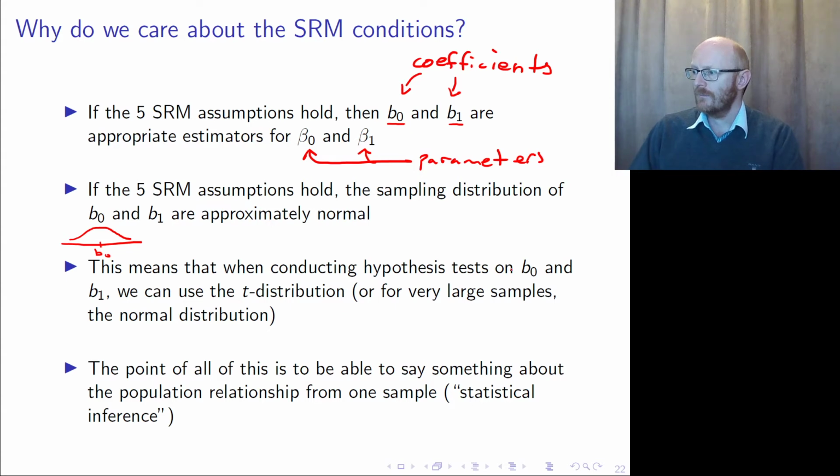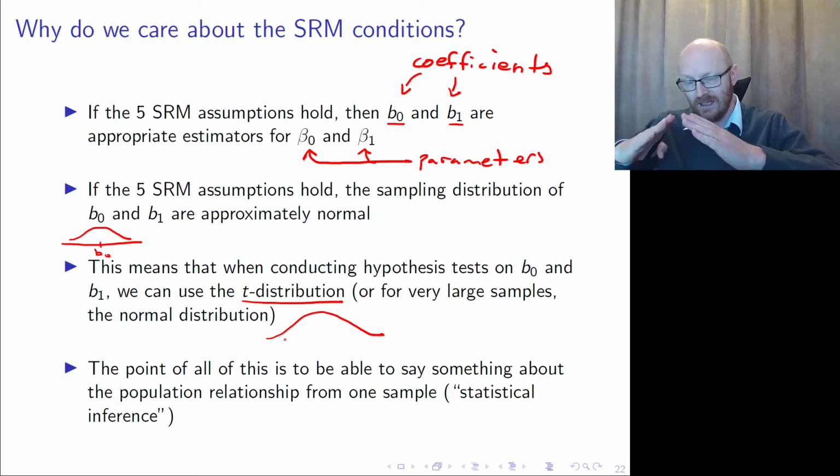So it means that if you have these coefficients, you can use the t-distribution to say something about the distribution of the coefficient, and remember that the t-distribution looks like the normal distribution, but it's flatter.